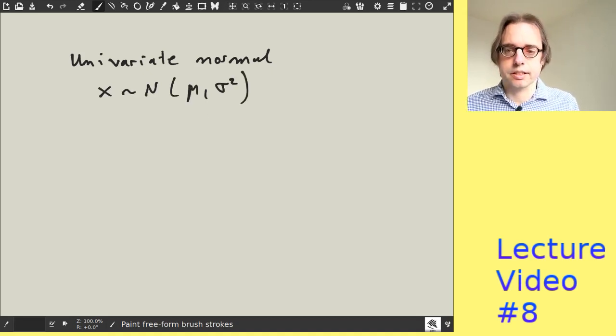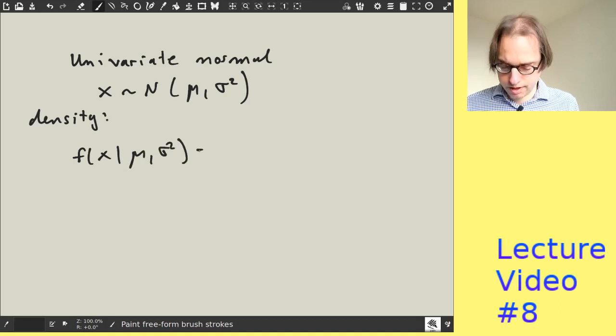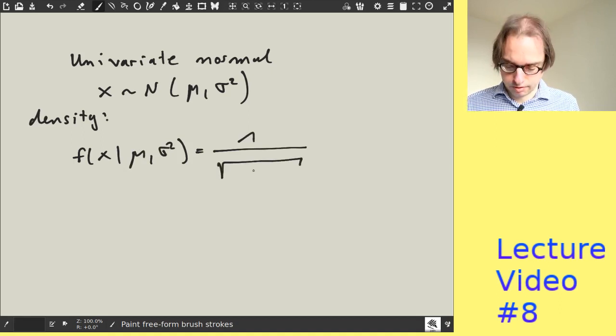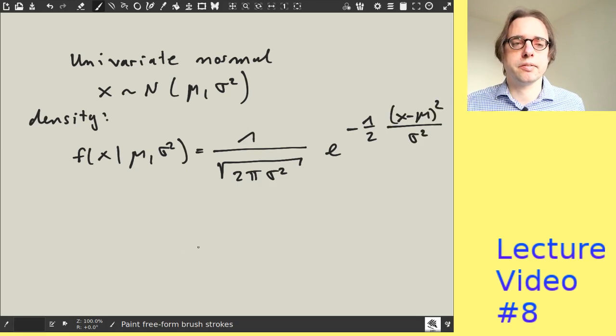Then we know that the density function depends on two parameters, namely mu and sigma squared, and that's 1 over the square root of 2 pi sigma squared, and then e to the power of minus 1/2 times (x minus mu) squared divided by sigma squared. So you should be familiar with this.